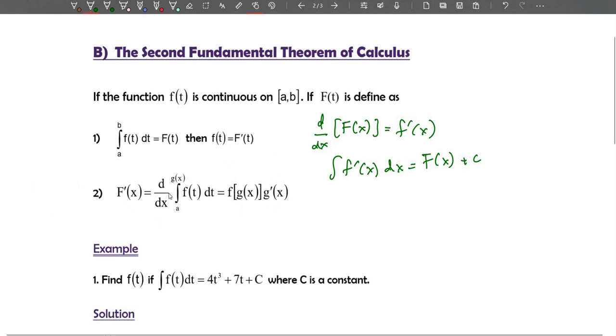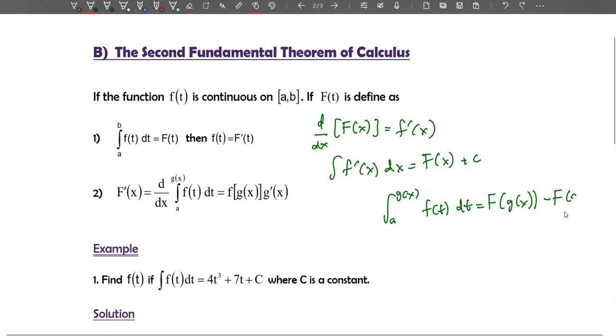Because when we integrate f(t) from a to g(x), this one should be a small letter, this would be equal to F(g(x)) minus F(a).